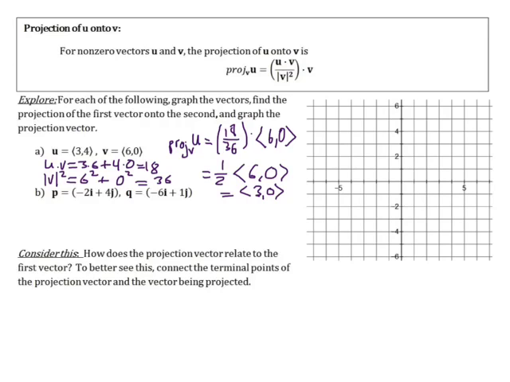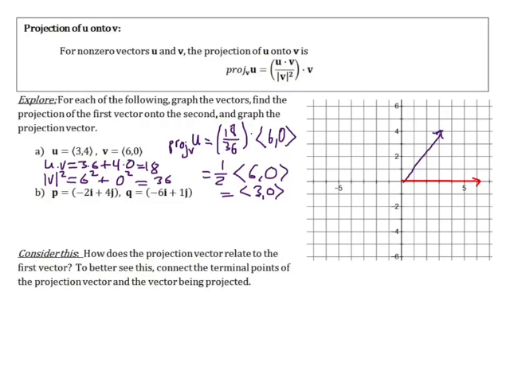Let's start with u. u is 3, 4. So we're going to go 3, 4, find our endpoint here, and draw a careful vector there. And then we have v is at 6, 0. So let's graph that one here. Find our endpoint. From the origin in standard position, we have 6, 0. Then we want the projection.